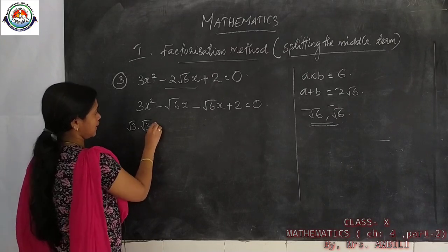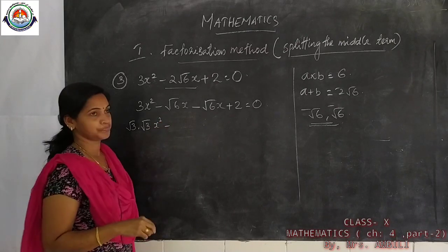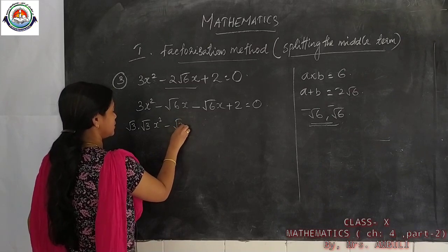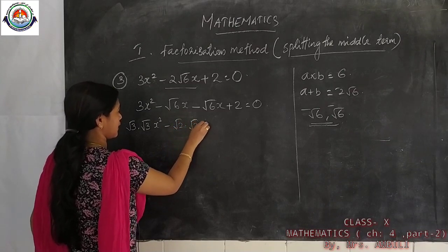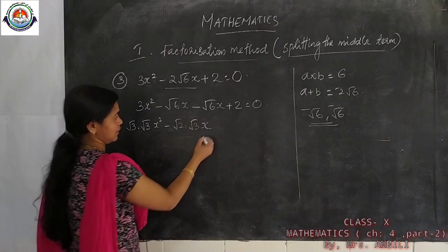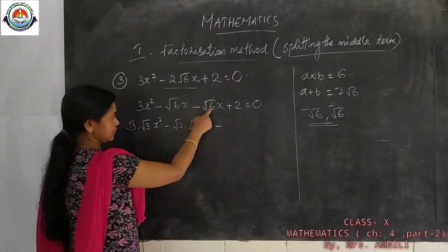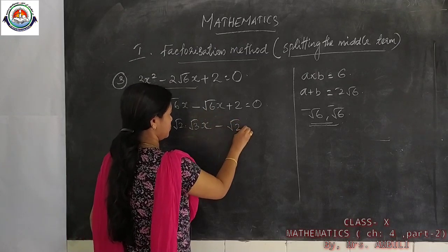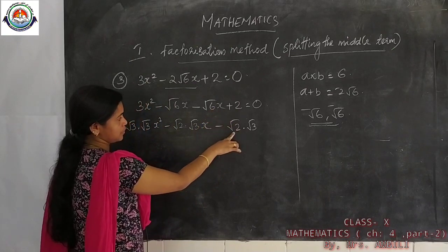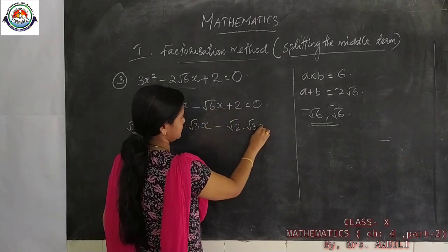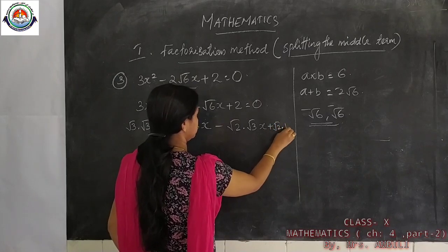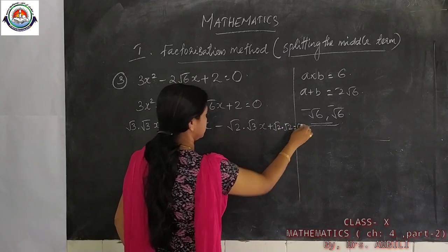Root 3 into root 3 x square minus, this root 6 I am writing root 2 into root 3 x, minus, this also root 2 into root 3 x, plus 2 I am writing root 2 into root 2, equal to 0.